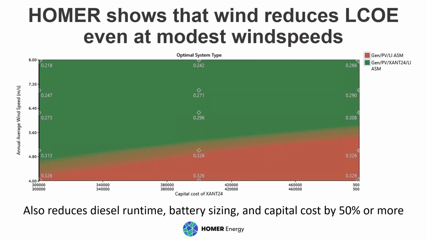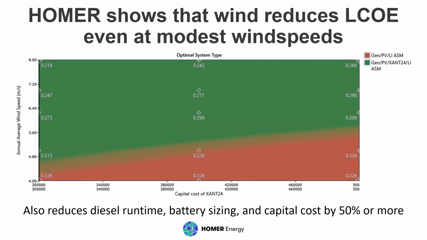And the numbers on the graph are the levelized cost of energy. So the PV only system in this case has a levelized cost of energy of 32.6 cents. And as you move up into better wind resources, you can see that that price goes down quite dramatically to as low as 21.8 cents. We were talking with Alex before the start here, and some of his sites have average annual wind speeds of greater than 10 meters per second.